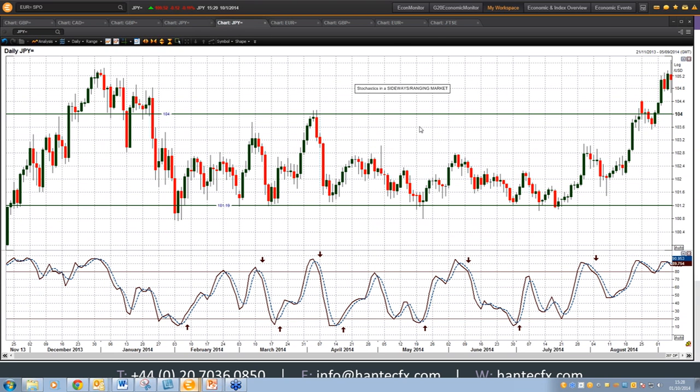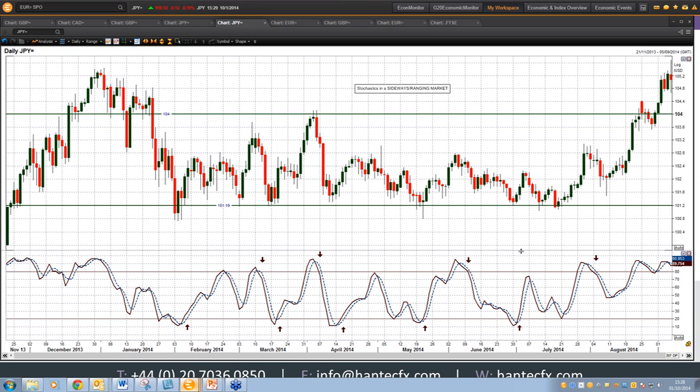Okay, so you've got that, and then you've got your sideways trending market where you use the dips below 20 as your buy signals, above 80 is your sell signals, and this one on dollar yen worked absolutely amazingly for about 7 or 8 months. You had some of the best stochastic signals you could even ask for.